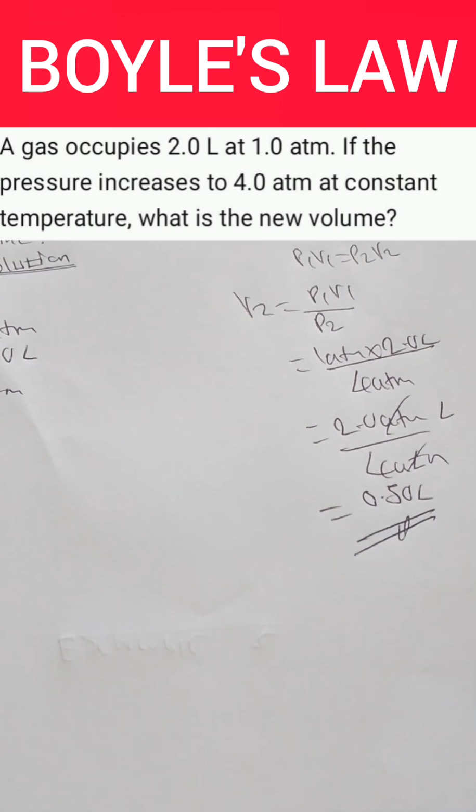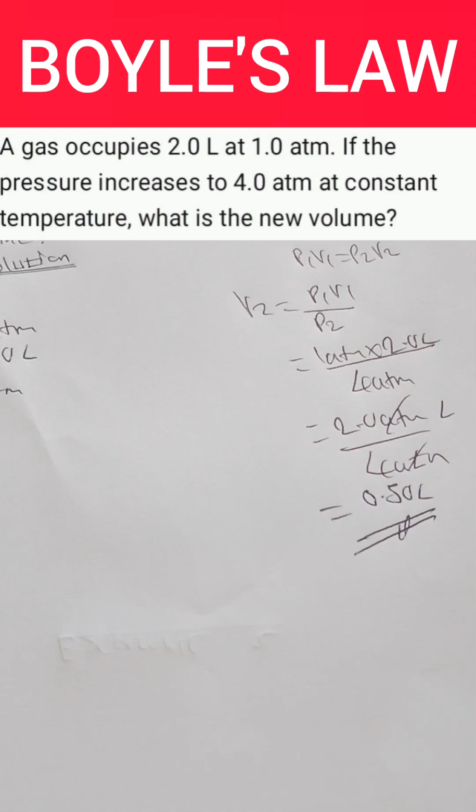That's our volume 2. And I want us to understand Boyle's law by using this example. We said that if pressure increases, volume what? Decreases. Now let's look at the truthfulness of this.